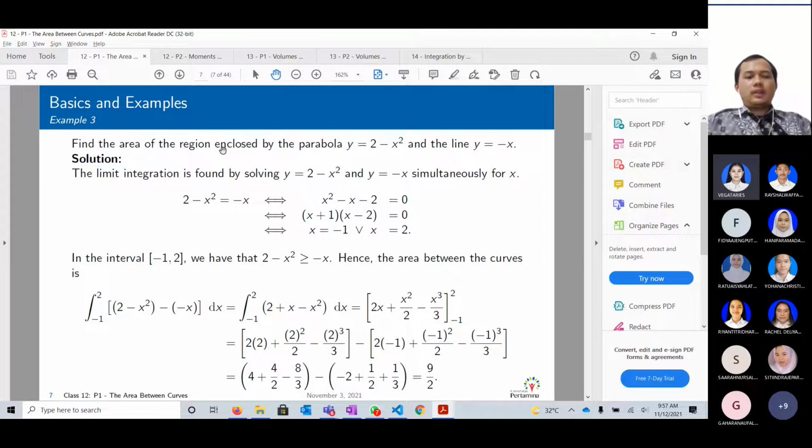Find the area of the region enclosed by the parabola y equals 2 minus x squared and the line y equals minus x.